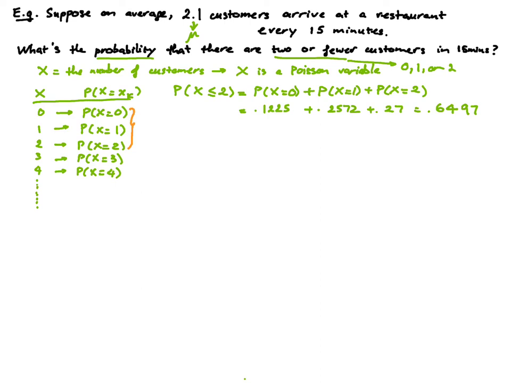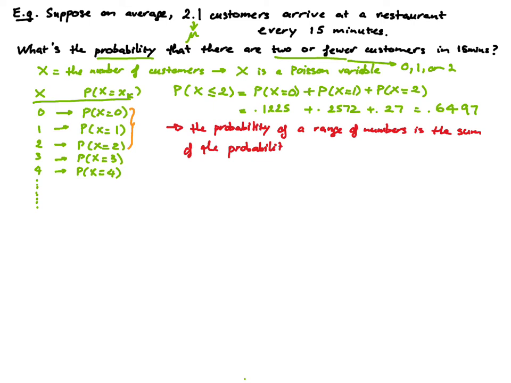Okay. So what do we learn here? What we learn here is that the probability of a range of numbers is equal to the sum of the probabilities of the values in that range.